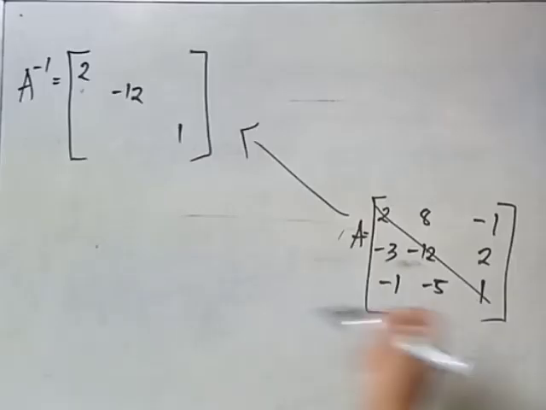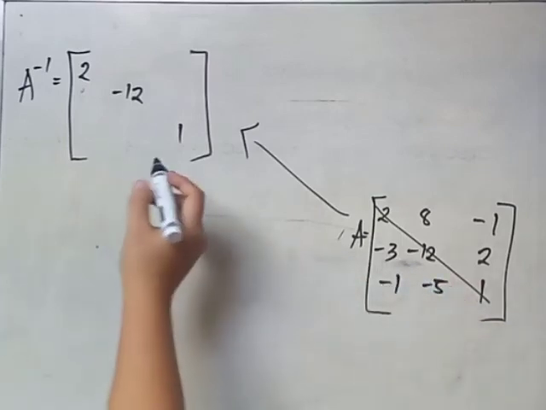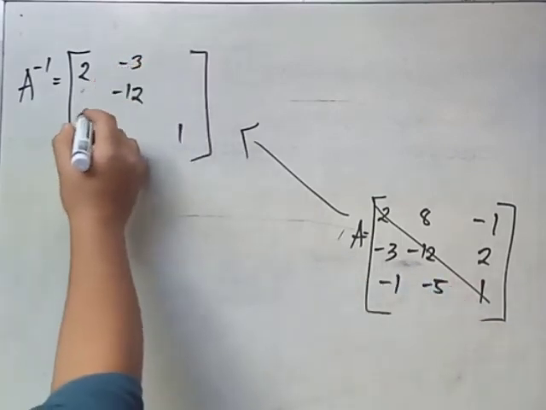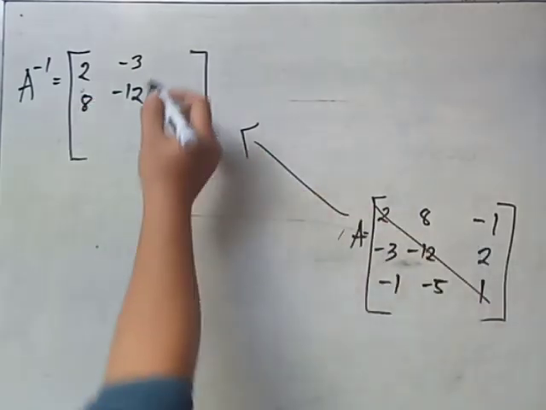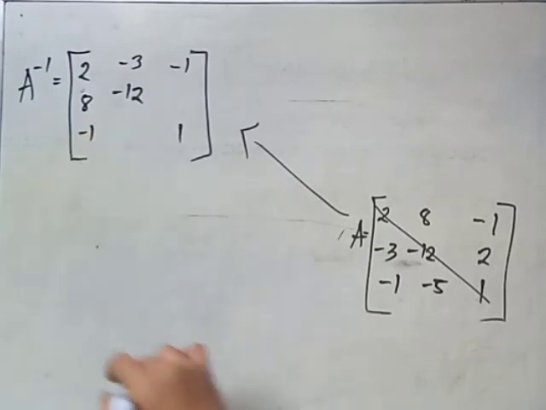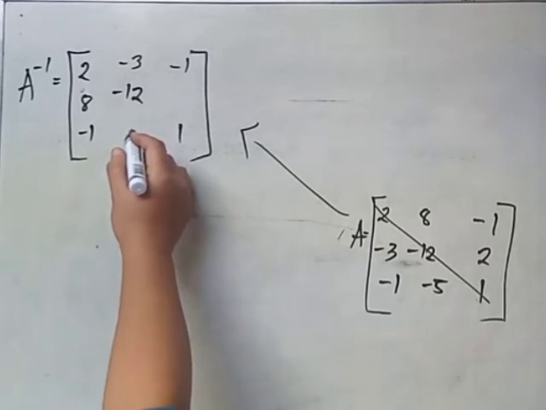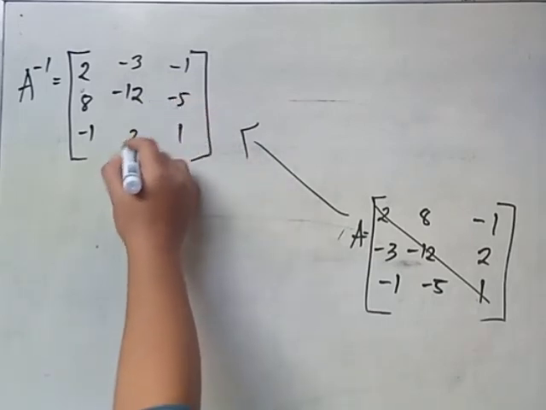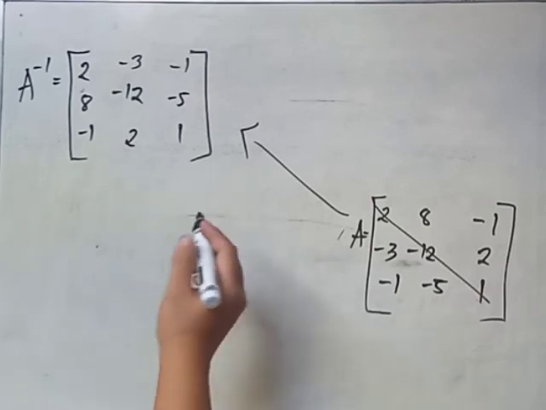Let us now flip the elements. So 8 here and negative 3 will change their positions. So this is negative 3 and this is 8. With negative 1, it's still the same. Negative 5 and 2. But we're not done yet.